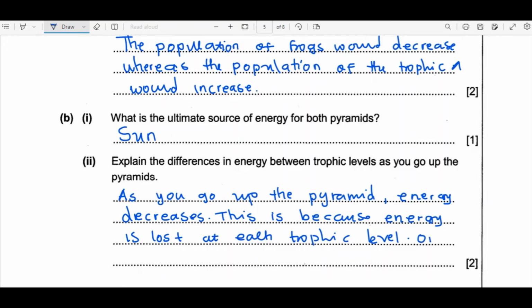So only about 10% energy is transferred to the next level.